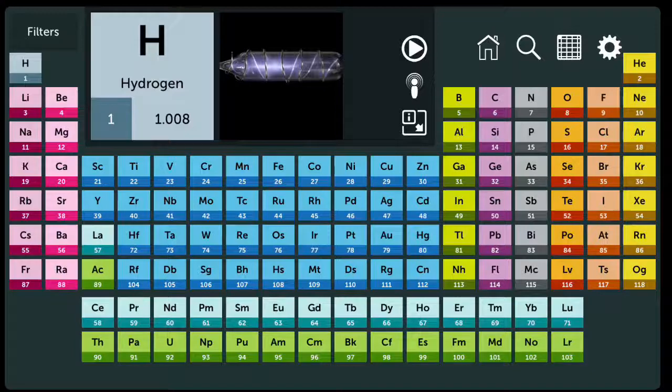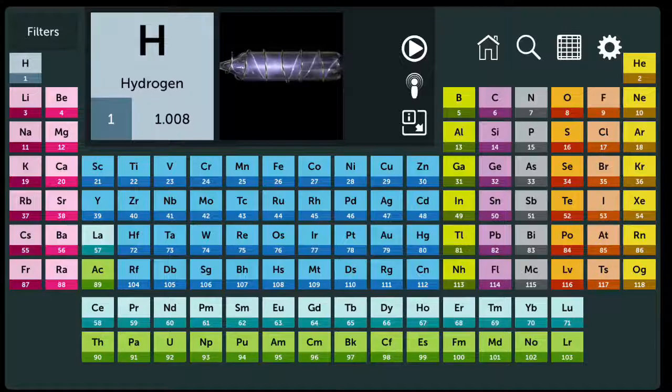The number that you see on the bottom right of the hydrogen box is the mass number, which accounts for how many atomic mass units hydrogen has. It accounts for how many protons and neutrons there are. So hydrogen only has 1 proton. It does not have a neutron.